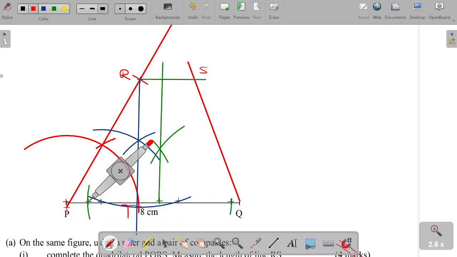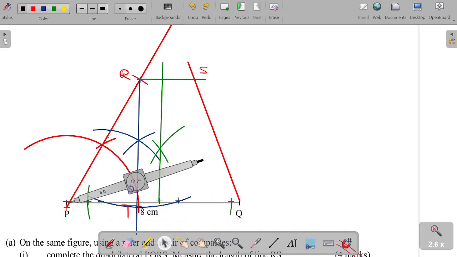That means, let me adjust my compass reading to 5 centimeters first. Okay, I now take my compass to P. This time I'm doing it with a black pen.